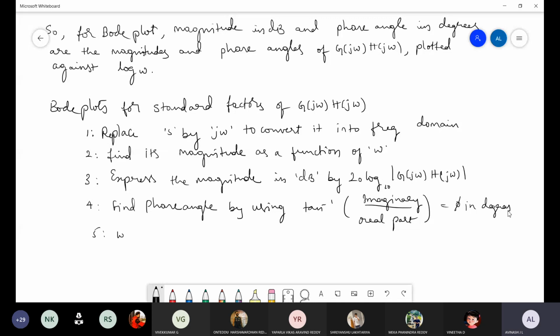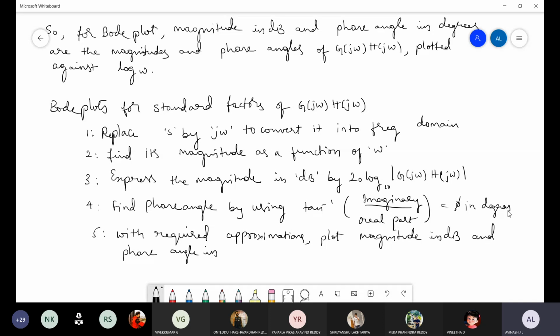Last step, with required approximations, plot magnitude in dB and phase angle in degrees against log omega by varying omega from 0 to infinity.